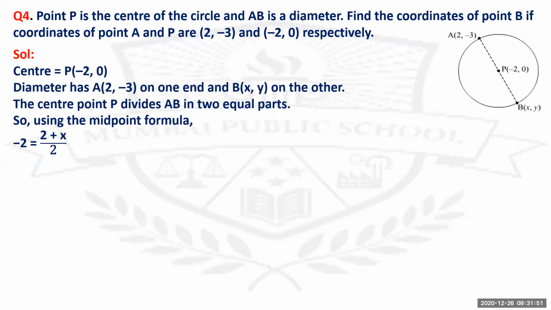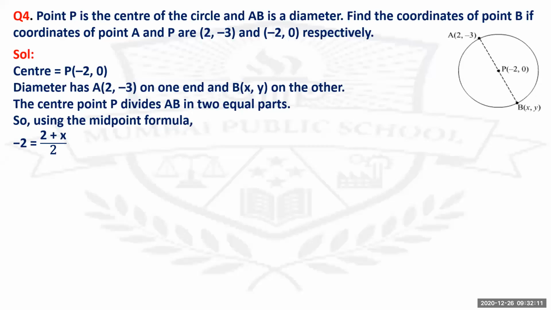Move to the solution. Now check. Center equals P, that is minus 2 comma 0. The diameter has A 2 comma minus 3 on one end and B x comma y on the other. The center P divides AB into two equal parts, so P is the midpoint.